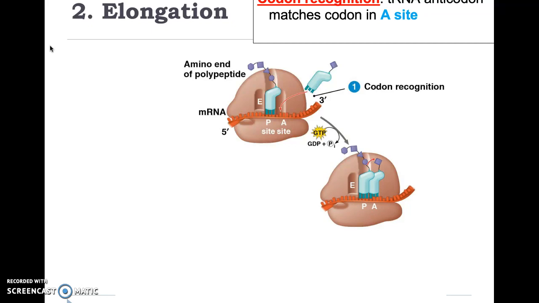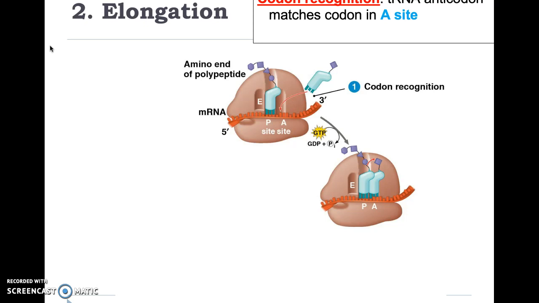The first part of elongation is codon recognition. This is where the tRNA anticodon needs to match the codon in the A site. When you see the ribosome from right to left, reading backwards, the sites are going to be A, P, E. A being on the right, P being in the middle, and E being on the left.